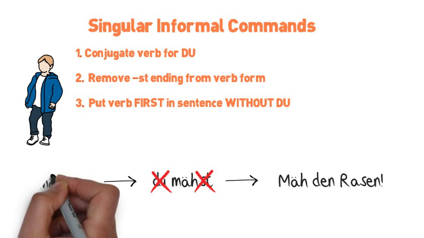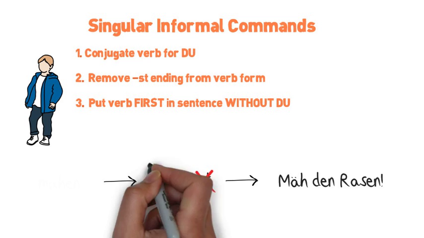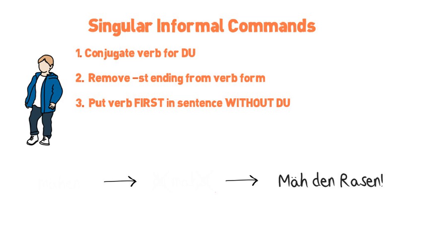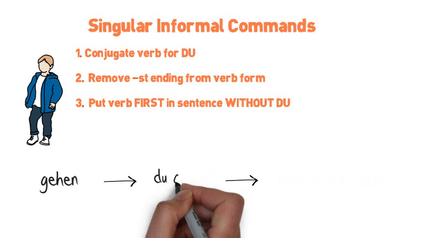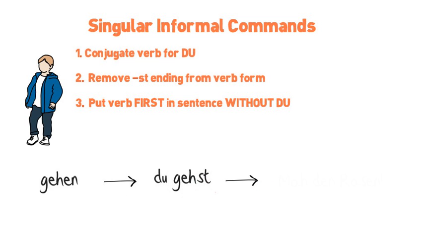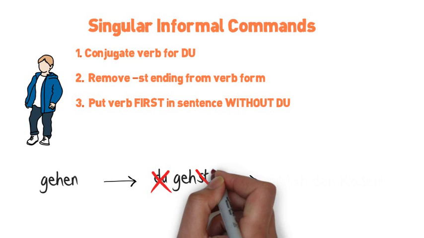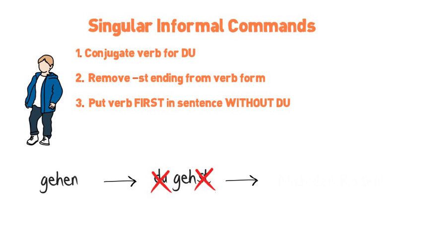Let's try with another verb. This time, we'll use the verb gehen. Again, we'll conjugate our verb for du, remove du and the st ending, and then we'll put what's left at the beginning of the command.